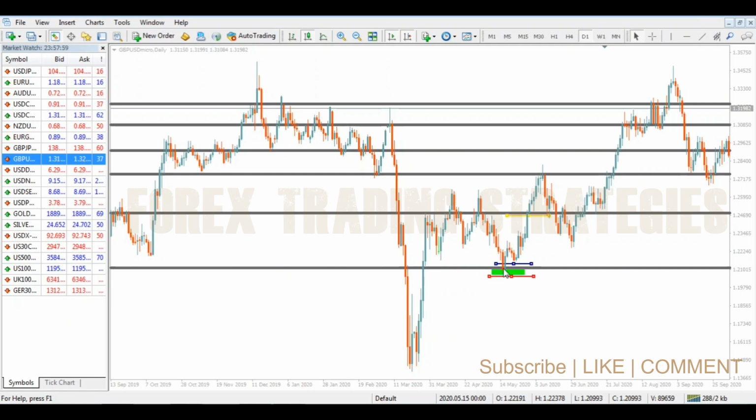But if it comes aggressively like this, then I know I need to worry. If it comes to my area of stop loss with this kind of momentum, then I simply close the trade and I wait to see what it is going to do.